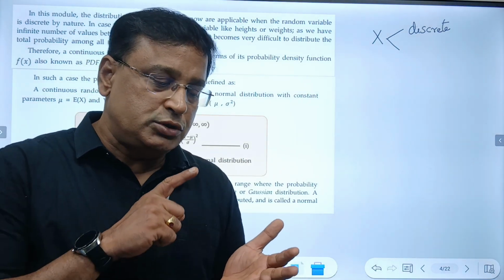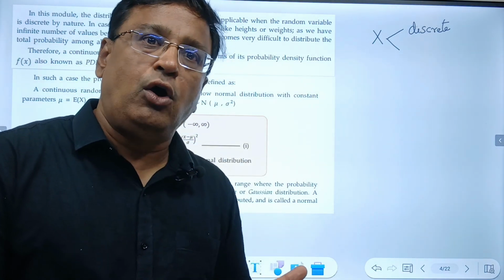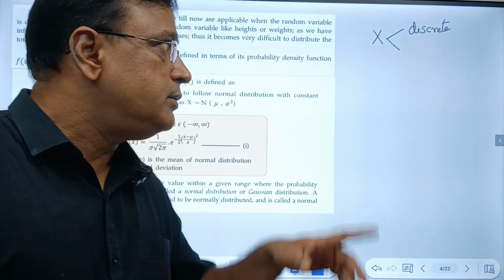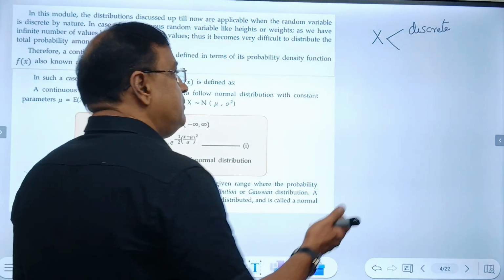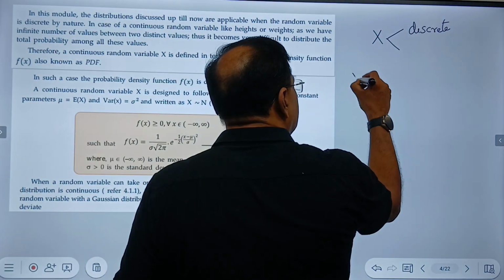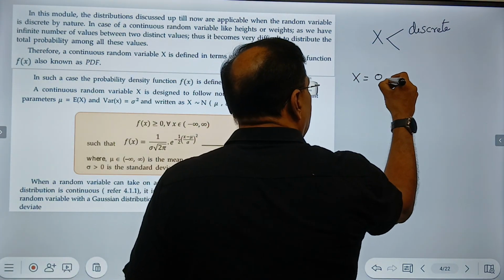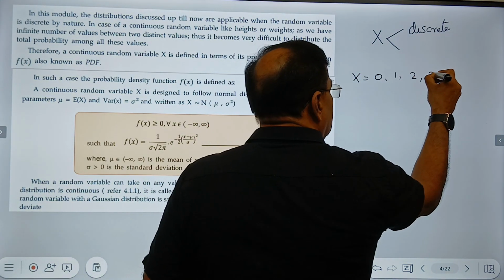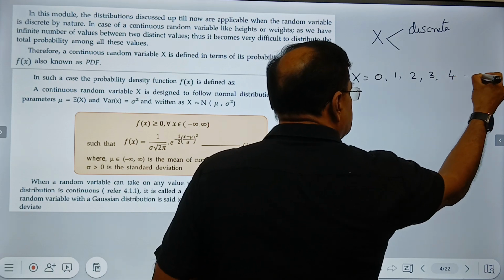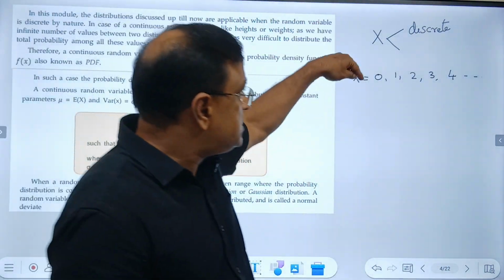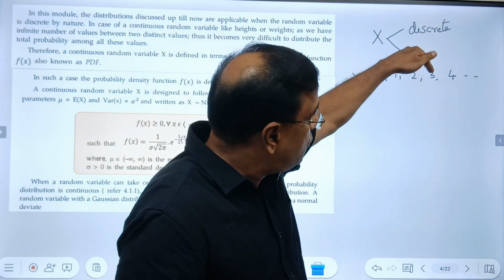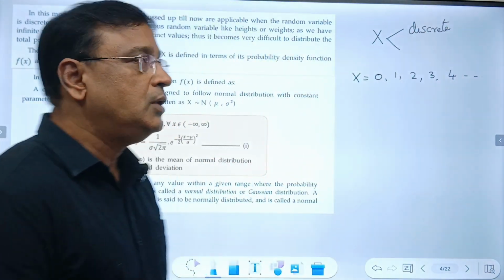So if the distribution has to be binomial or Poisson, then the random variable x must be discrete. When I say discrete, it takes values like 0, 1, 2, 3, 4 and so on, discrete values, where you can say first number, second number, third number, fourth, fifth and sixth.